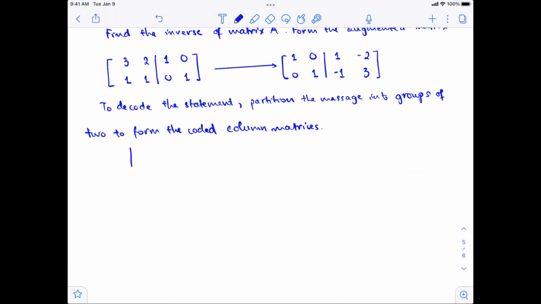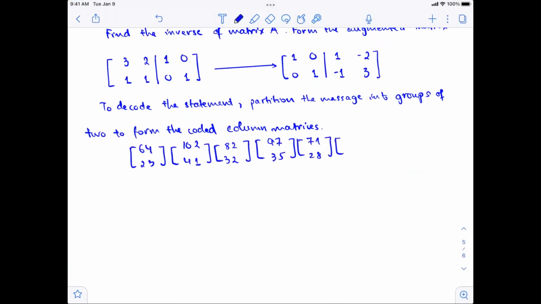So you get 64 and 23. The next one is 102, 41. The next one is 82, 32. The next one is 97, 35. And then you get 71, 28. And the last column matrix is 69, 32.